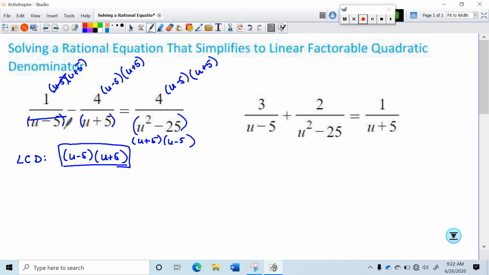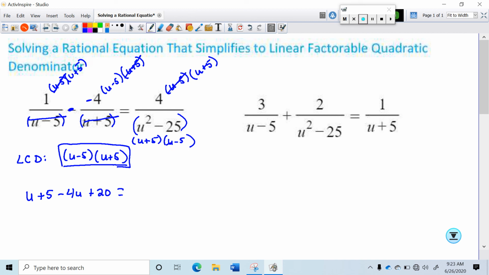So I've got 1 times u is u, and 1 times 5 is 5, positive 5. Then u plus 5 cancels with u plus 5, so this is a negative 4. Negative 4 times u is negative 4u, and negative 4 times negative 5 is a positive 20, equal sign.